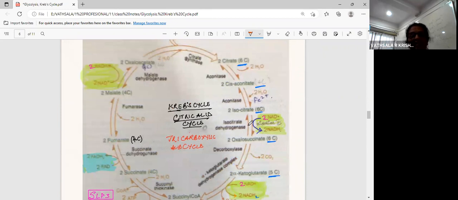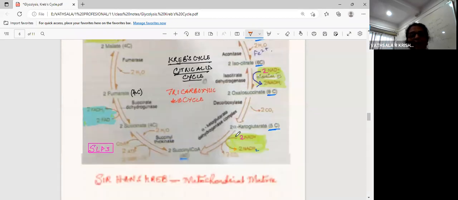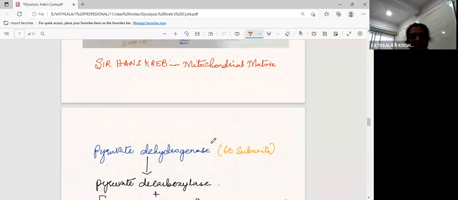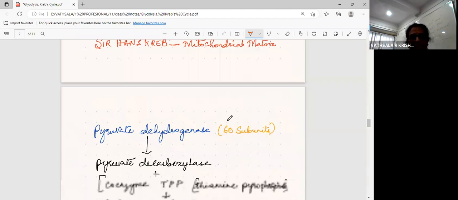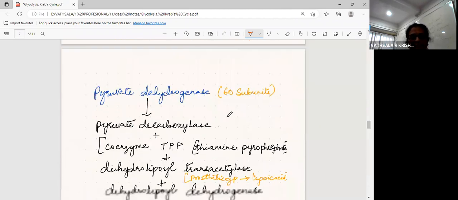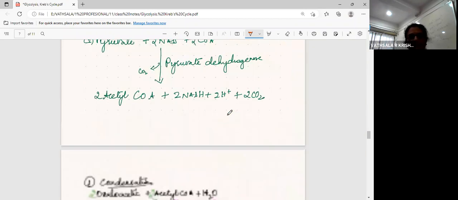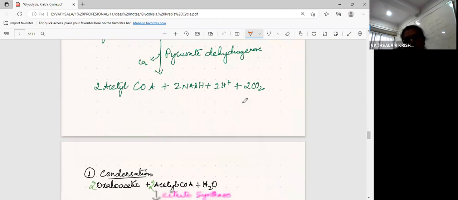Carboxylic means COOH. And it's also called the Krebs cycle after Sir Hans Krebs.